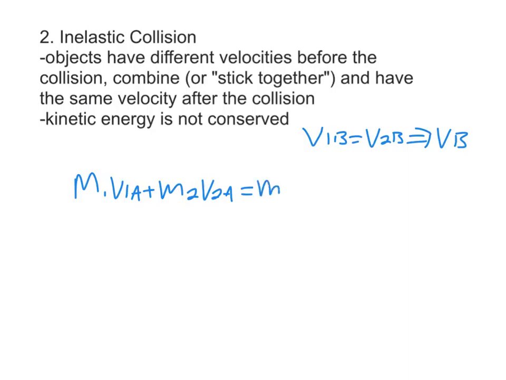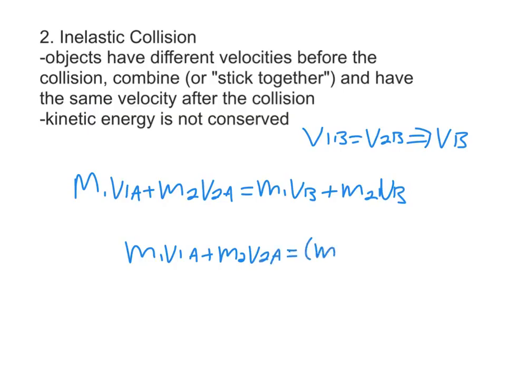So this would be m1 vb plus m2 vb, becoming m1v1a plus m2v2a equals m1 plus m2 times vb. Essentially what's happening, you have two objects combining to become one. So when we combine those two objects, we're going to combine their two masses. And because they're now one and sticking together, they'll have one speed with one giant mass.